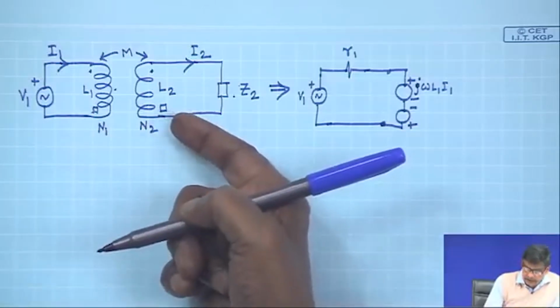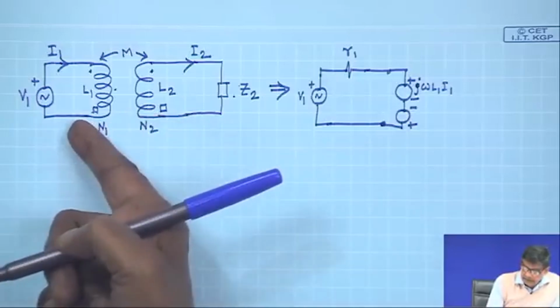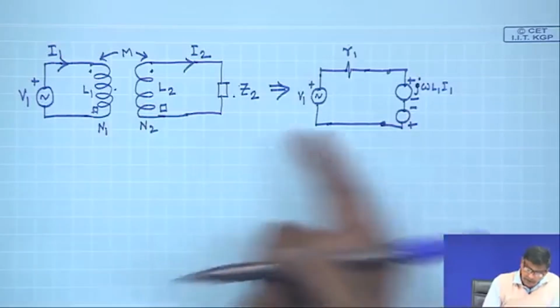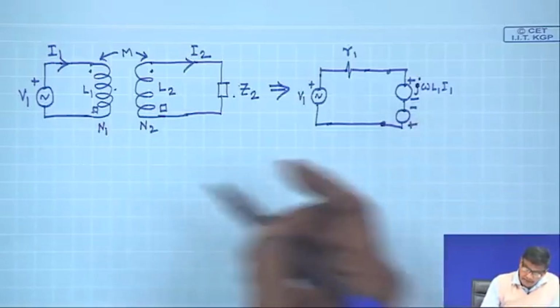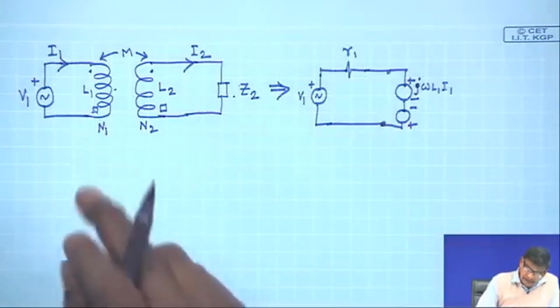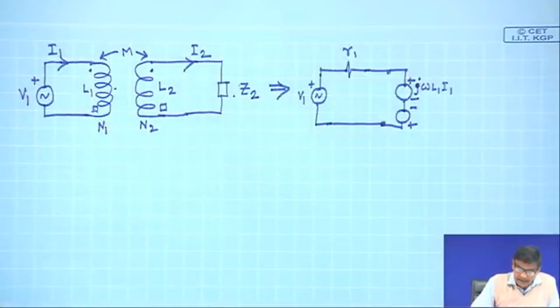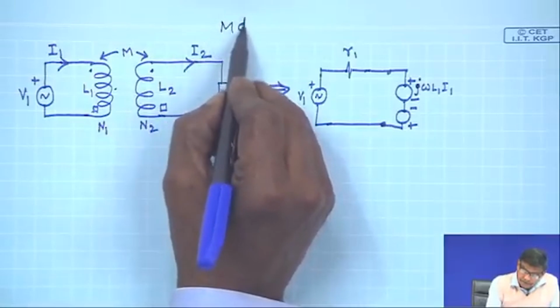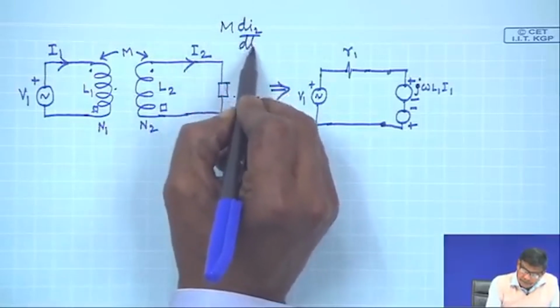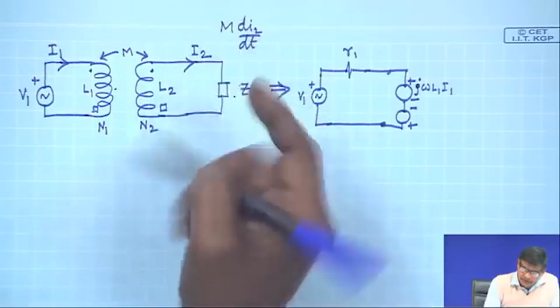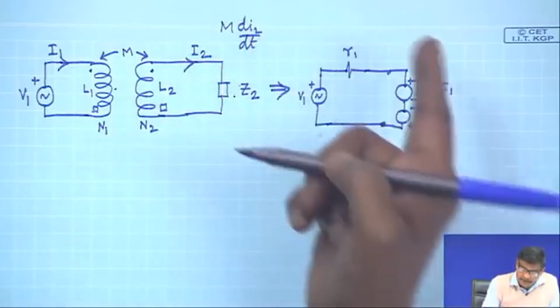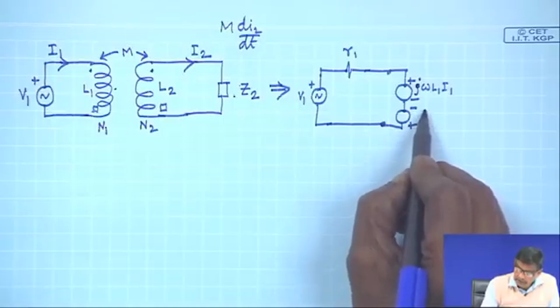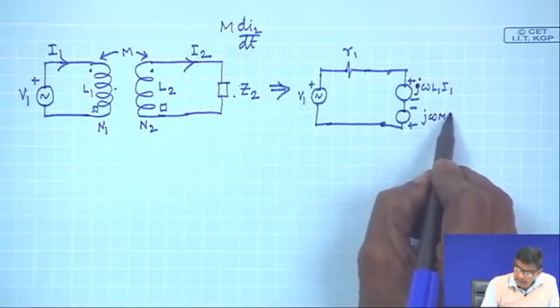So, current entering here will have polarity of the induced voltage in the other coil as plus and minus, and the value of this in time domain is M dI2/dt. But d/dt, if you substitute j omega and I2 as a phasor capital I2, this will be j omega M I2.